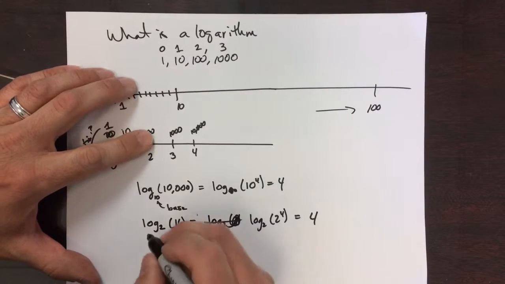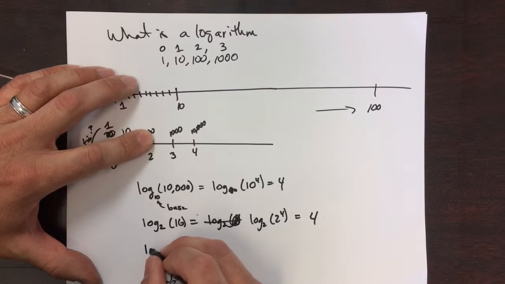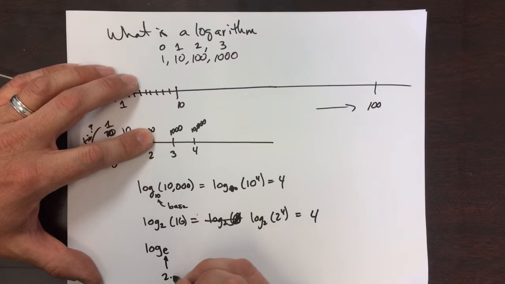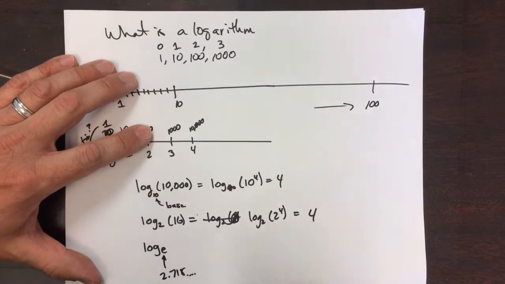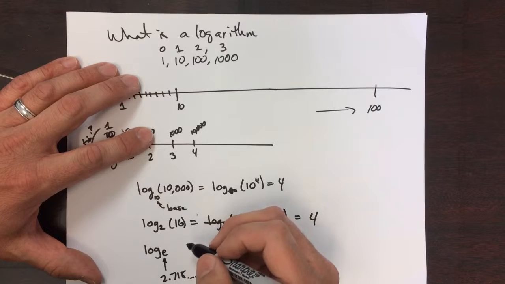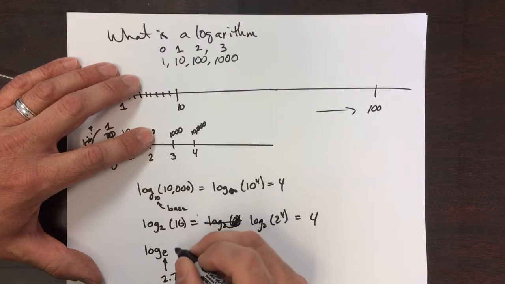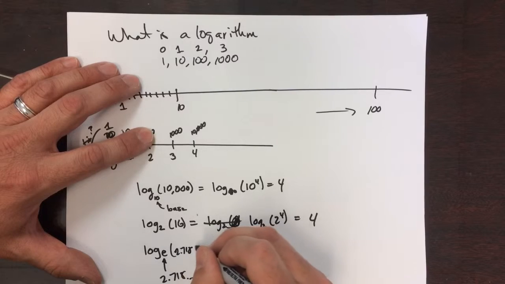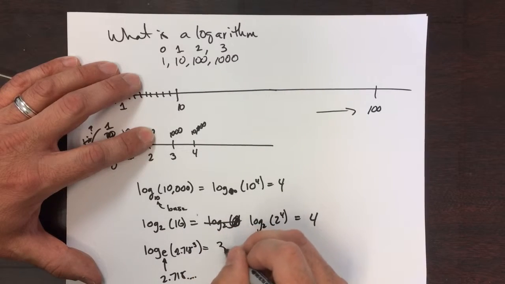A lot of times in science we're going to use something called the natural base, e. This is a number 2.718, and so on, that falls out of calculus. I'm not going to go into where it comes from in this video, but the log base e of, let's say, 2.718 cubed would just be equal to 3.